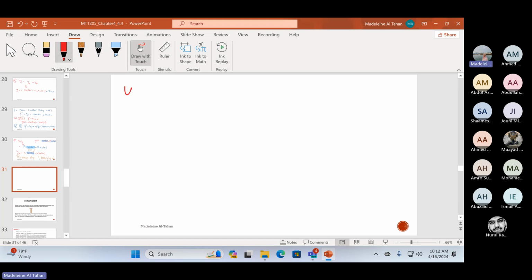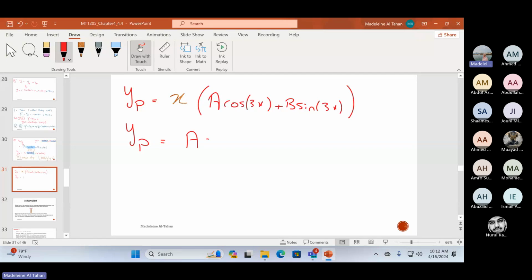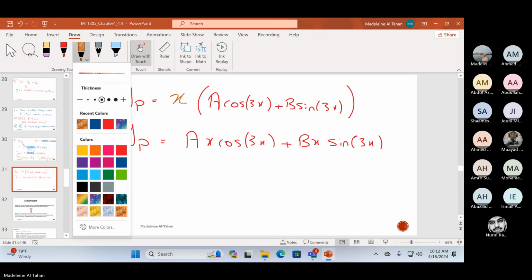So multiplying by x, we will multiply x by everything in YP, which is A cosine 3x plus B sine 3x. So YP is Ax cosine 3x plus Bx sine 3x. Right, miss? Right?